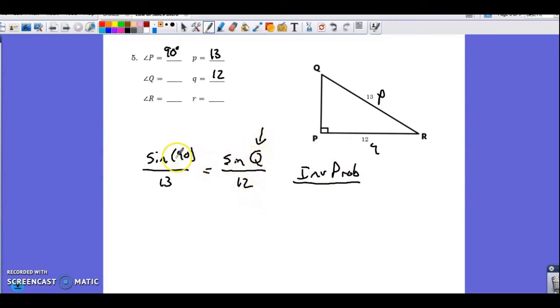So I have to cross multiply this way. So that'd be 12 sine of 90 divided by the leftover would be the 13. That's going to equal the sine of Q. So you're going to need to do the inverse of that answer.